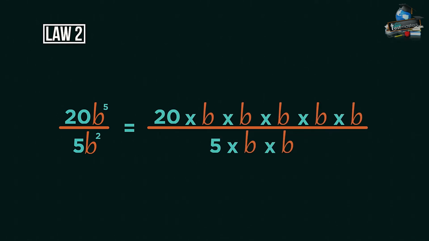Just as you do when you simplify fractions, we can cancel down our numbers and our letters. So we cancel the 20 and the 5 to become 4, and we start by cancelling out the b's. So to divide indices, we divide the numbers and we subtract the powers. Where do you want to go next?